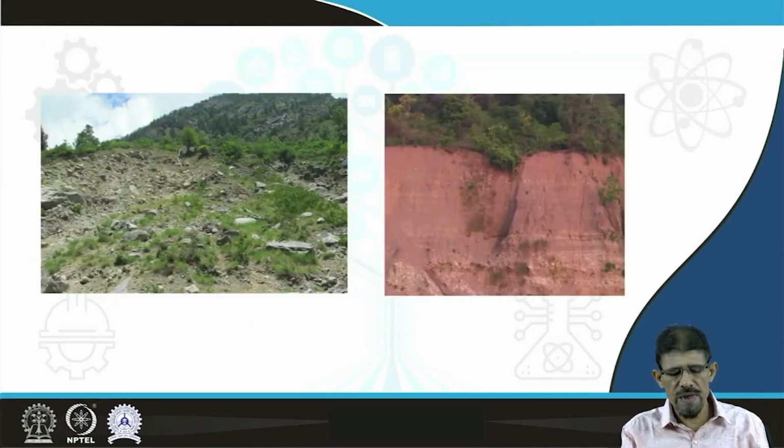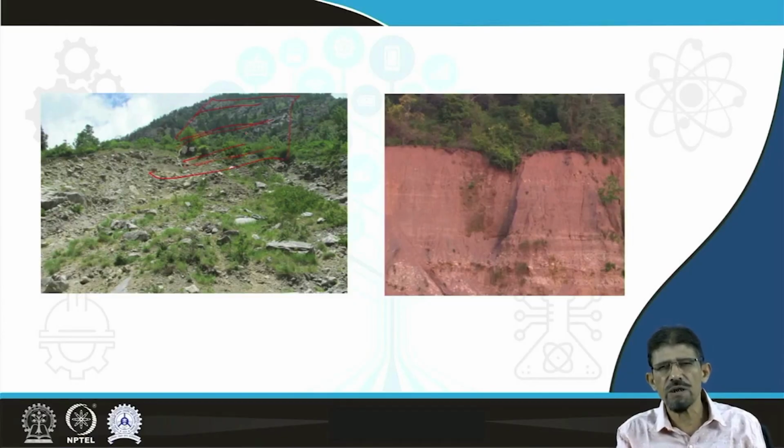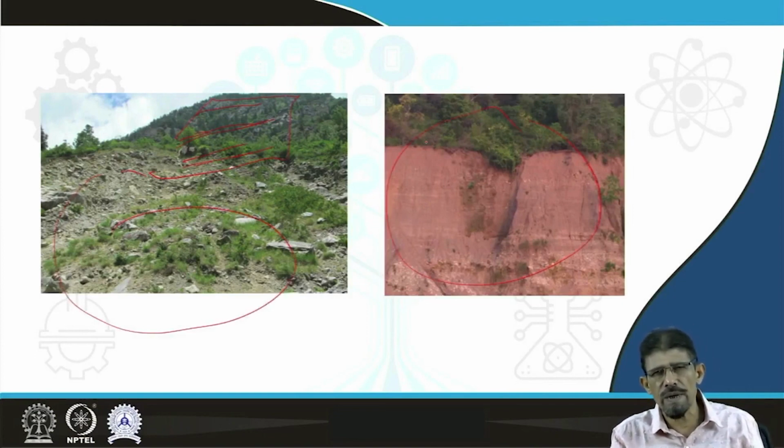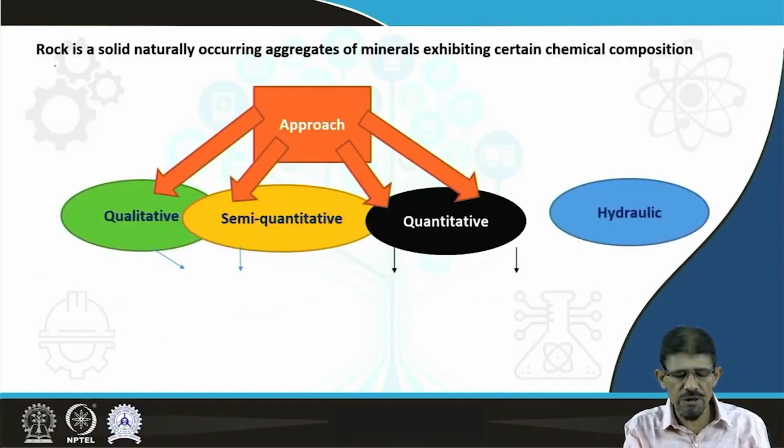Here we can see the rock strata consisting of intact rock as well as a number of interfaces present. About the weathered material and the end product of weathered material we have already discussed.